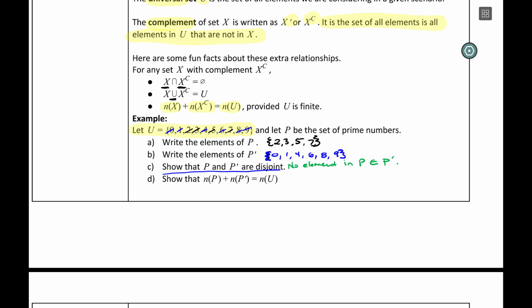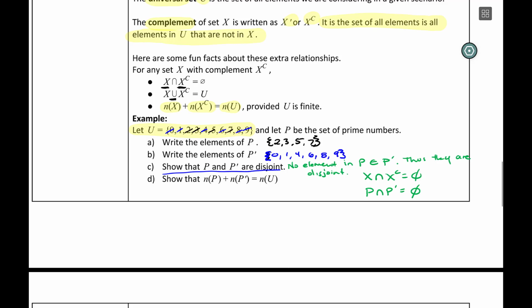Thus, they are disjoint. So you can do that just verbally like this. We could also say that the intersection of X and X complement is supposed to be empty. Let's put that in our notation here: P intersect P prime is empty. That says that those two things are disjoint.